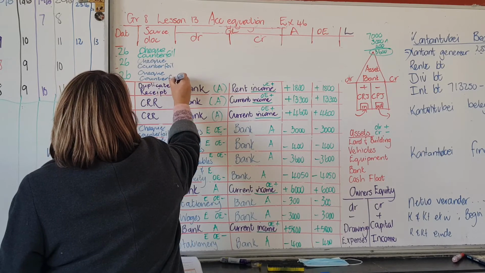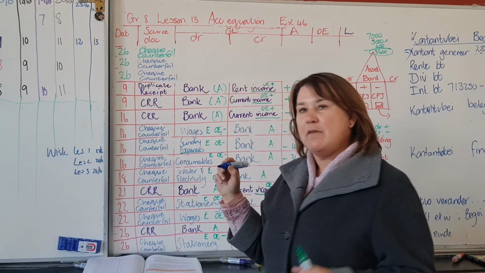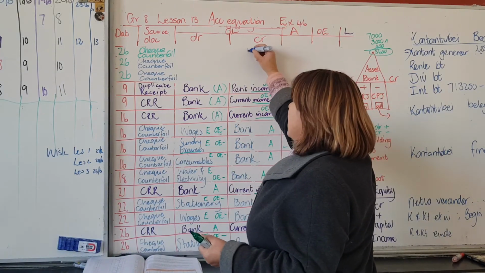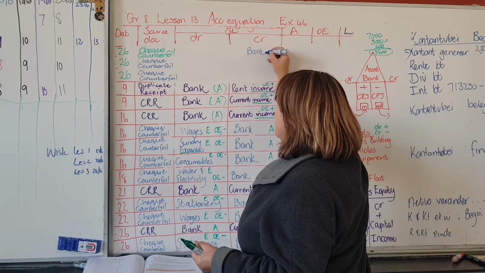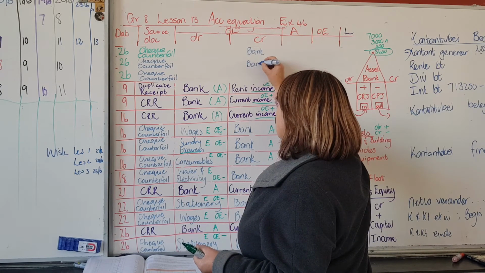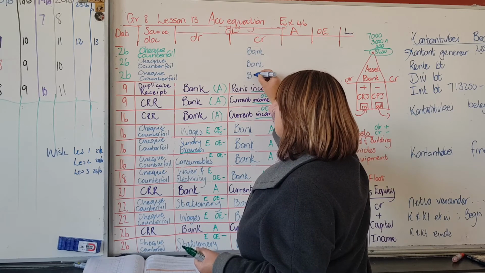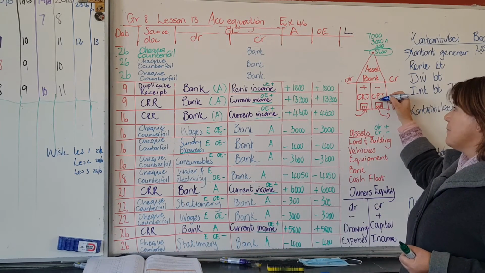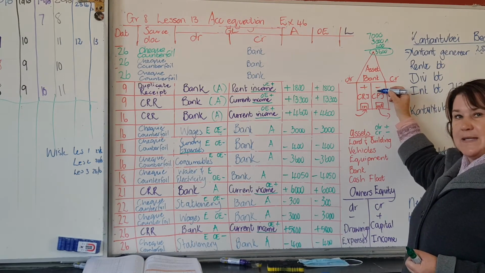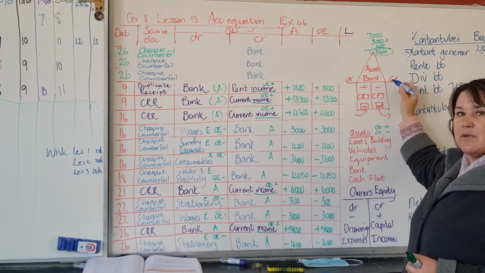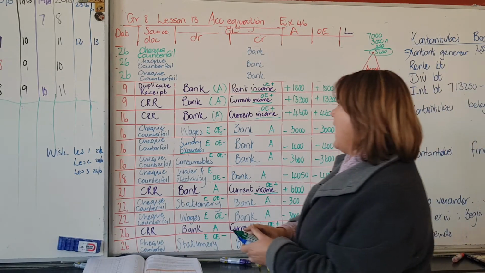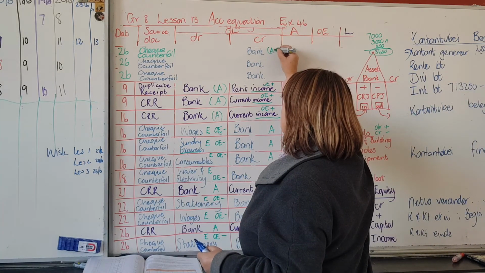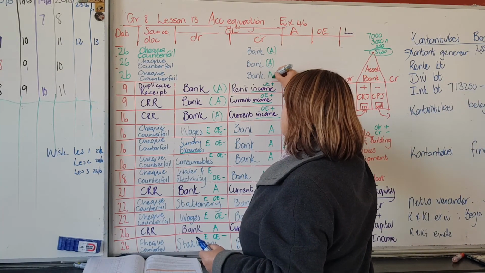Now what does that say? Check counterfoil means I've made a payment. So my bank's going to decrease. Why? Because money went out of my bank account, I made a payment, my bank decreased, so my bank's going to be credited. Bank is an asset. So what's going to happen?